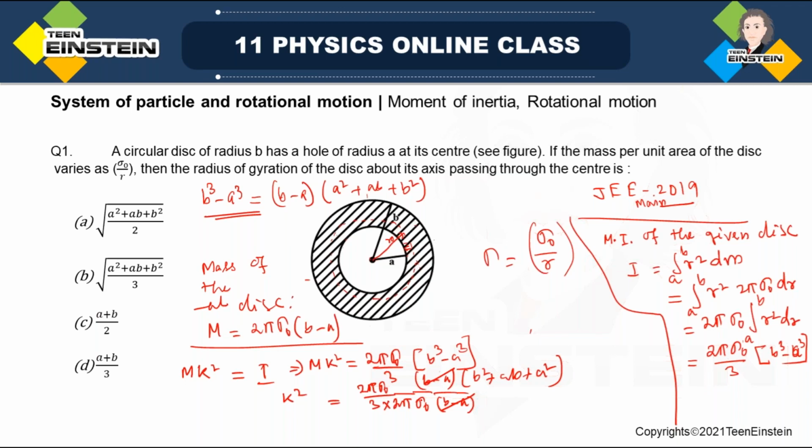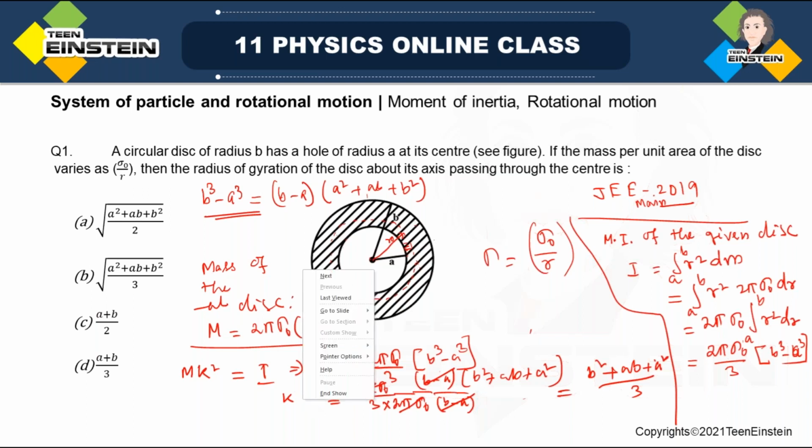So this 2 pi sigma naught will go off. So you get (b square plus ab plus a square) divided by 3, and since this is k square, what will be k?